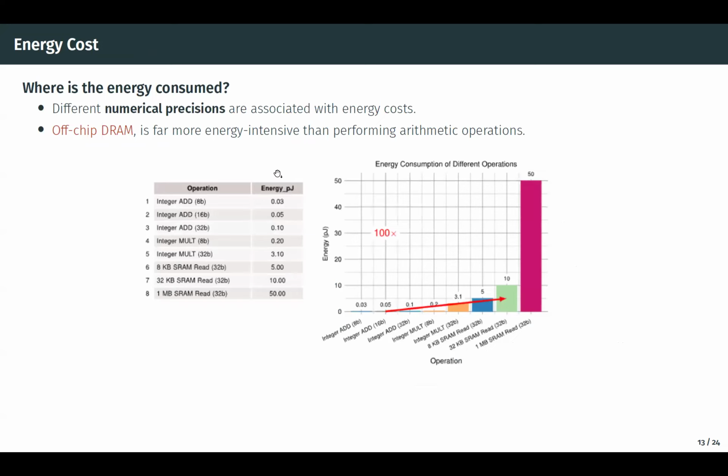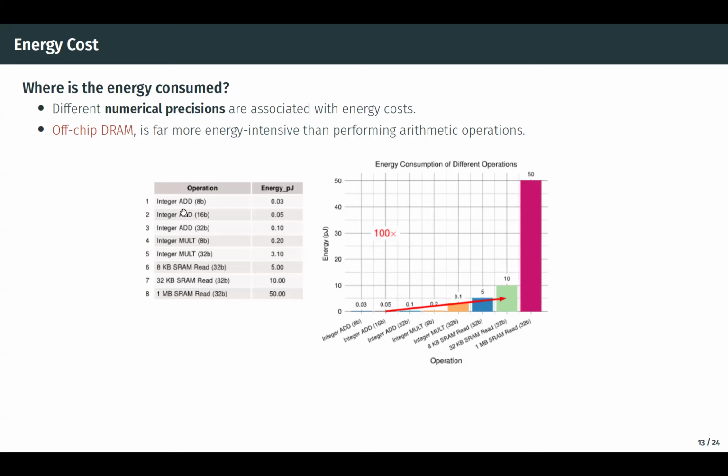So where is most of the energy consumed? We have these different numerical representations that are associated with the energy cost. One of these is DRAM access, which is far more energy intensive than performing arithmetic operations. If we are looking at a really small scale, we have different types of operations.